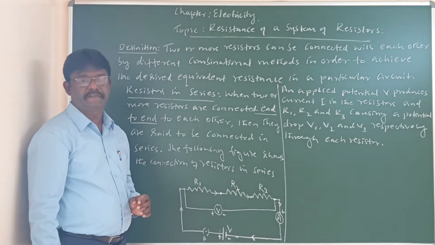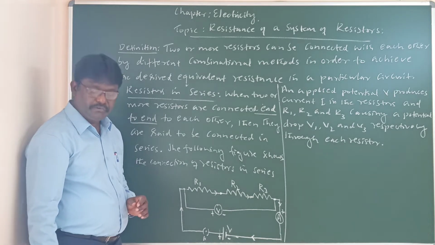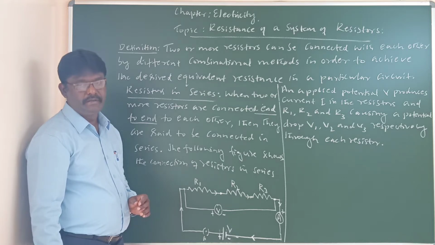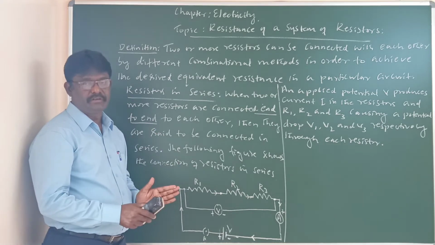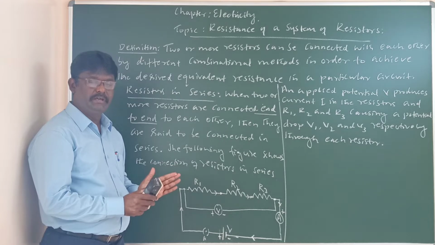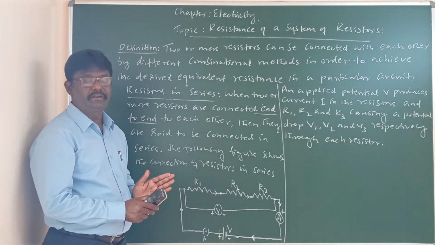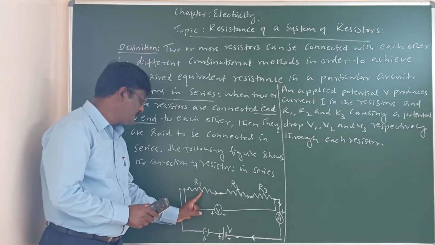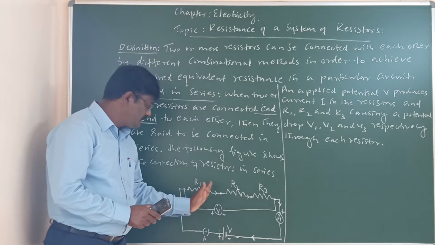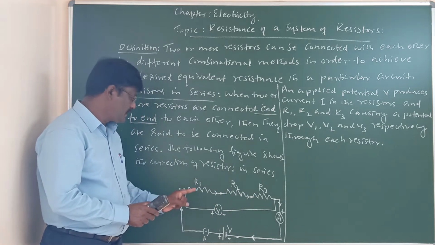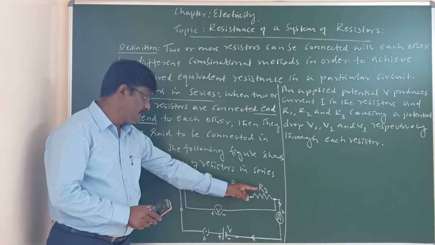Here three resistors are connected in series. Now we shall try to find an equation, or even we could say formula, to calculate equivalent resistance when the resistors are connected in series.